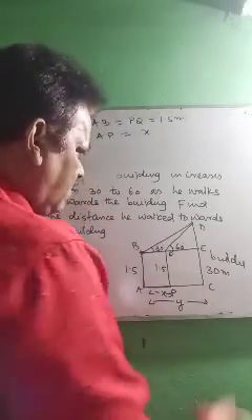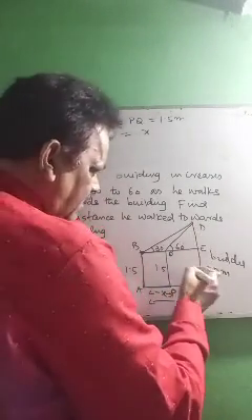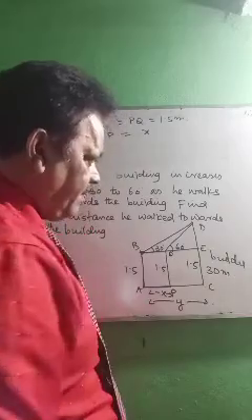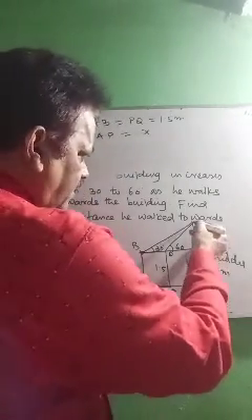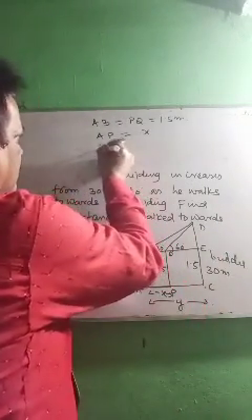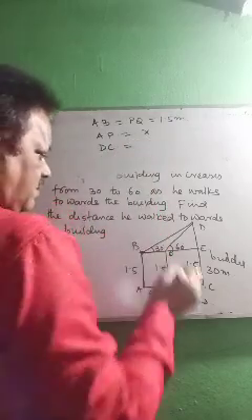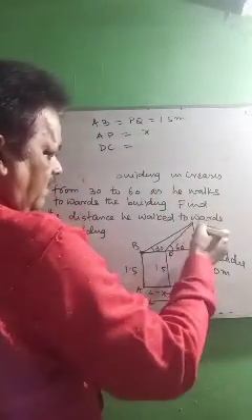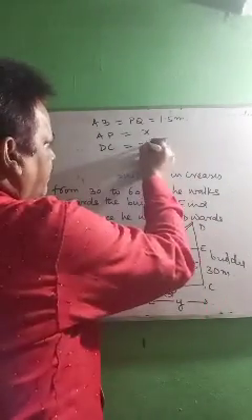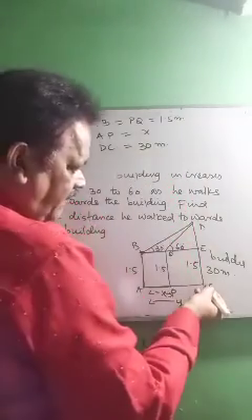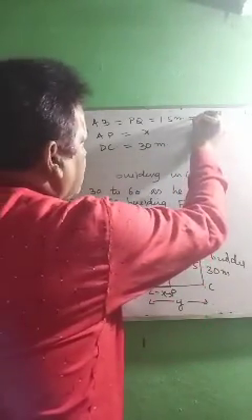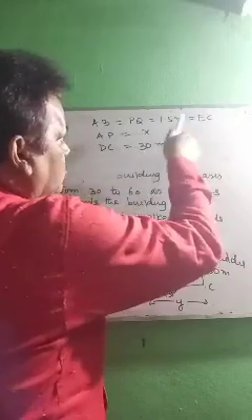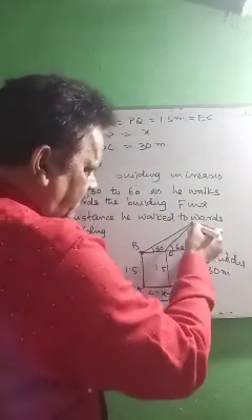Now look here. This is your 30 meter. That means this is also 1.5. So what is then DC? DC is 30 meter, out of which EC is 1.5. Then what about DE?